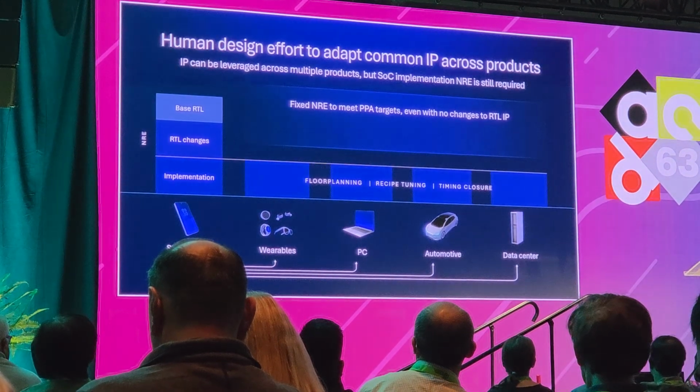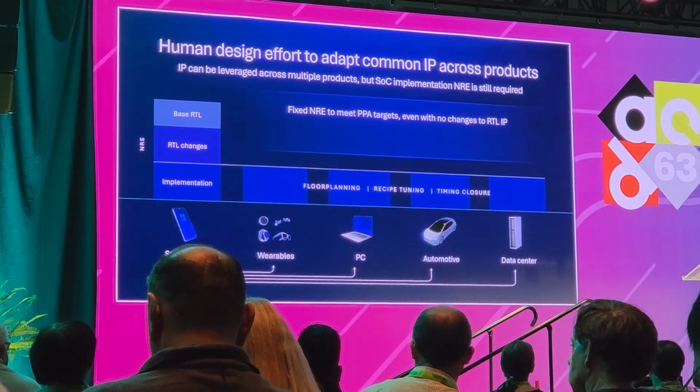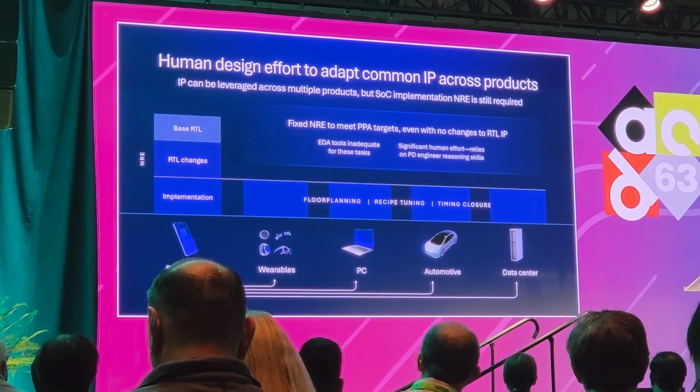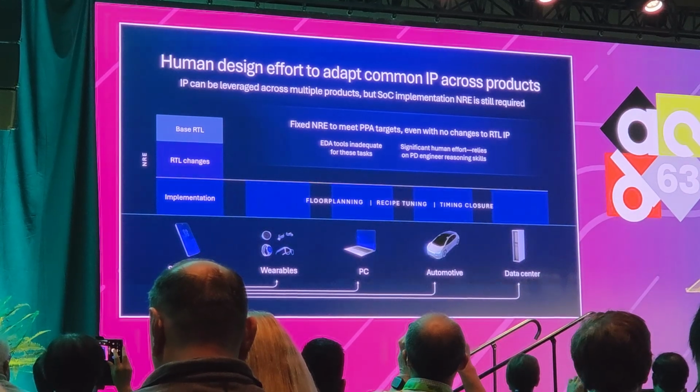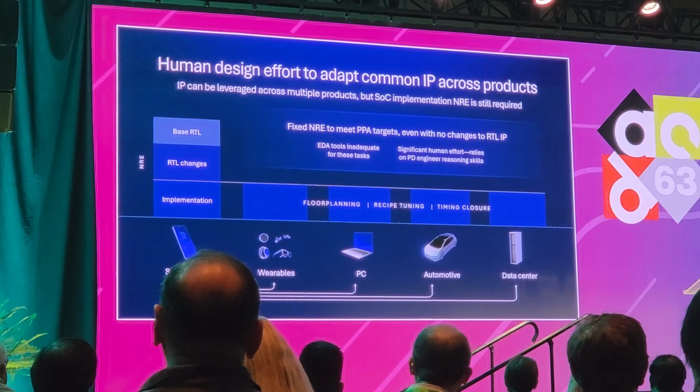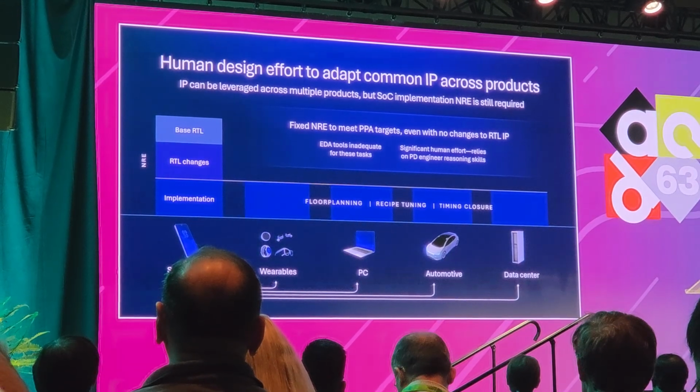So even though the IP exists, because of that change, it creates all this huge effort. The tools, again, are inadequate to make incremental changes without significant human effort and reasoning skills to iterate.